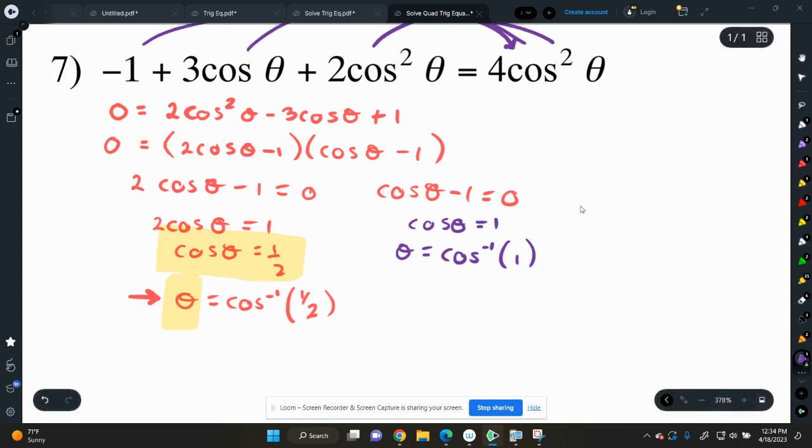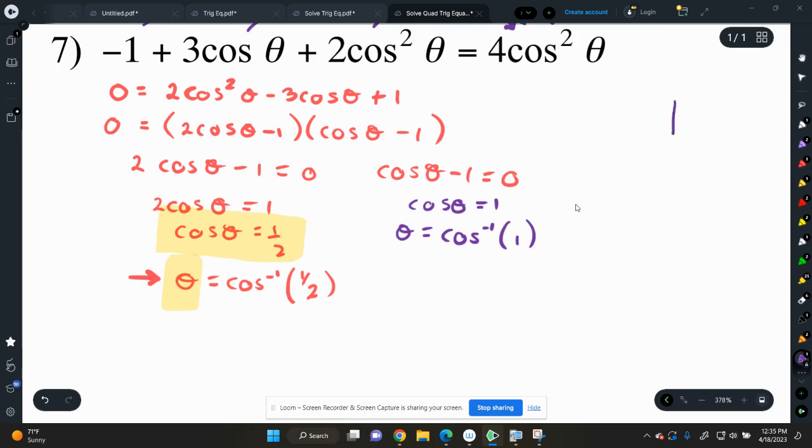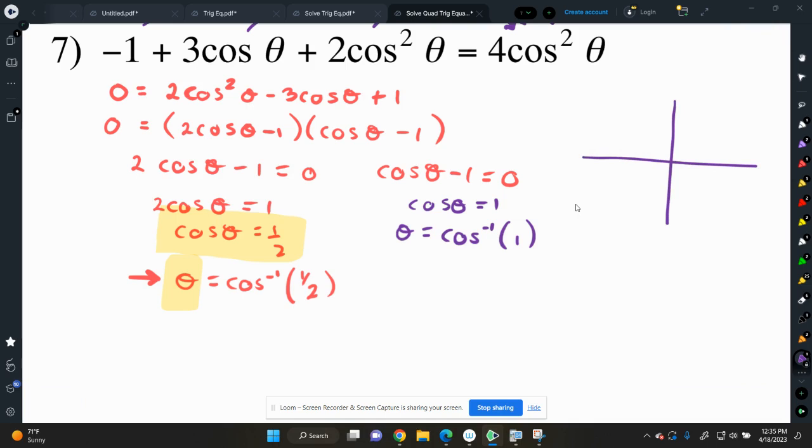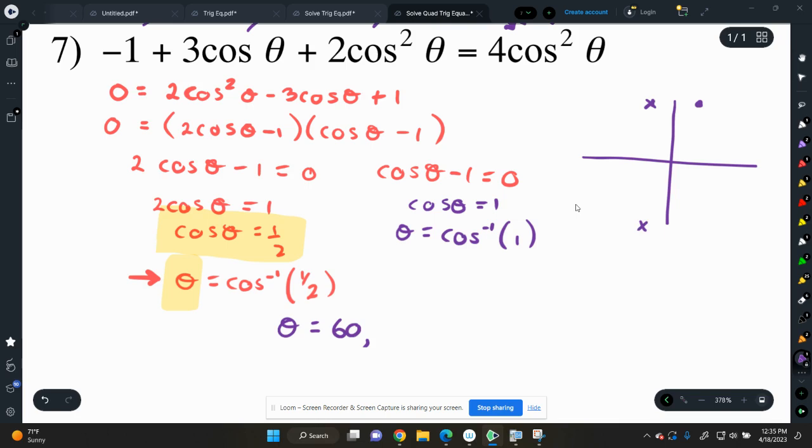Okay. All right, so let's look at what angles we're talking about. So where is the cosine of the angle equal to 1/2? That's going to be right here at 60 degrees. So theta equals 60. Over here, this is negative 1/2, so that doesn't work. And here we have negative 1/2, that doesn't work.